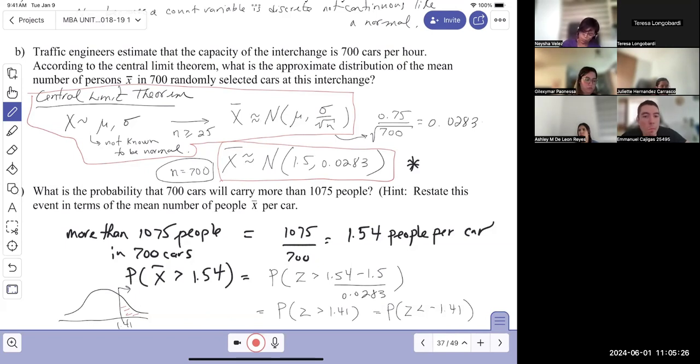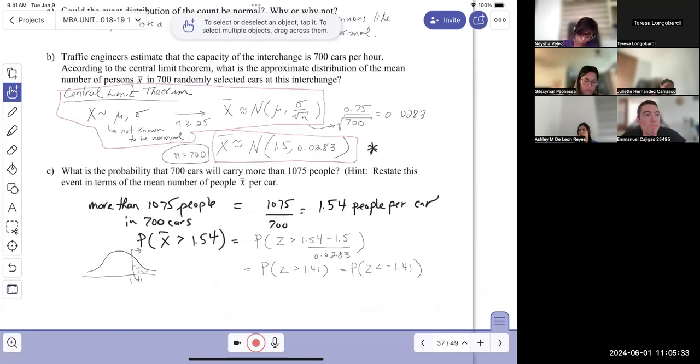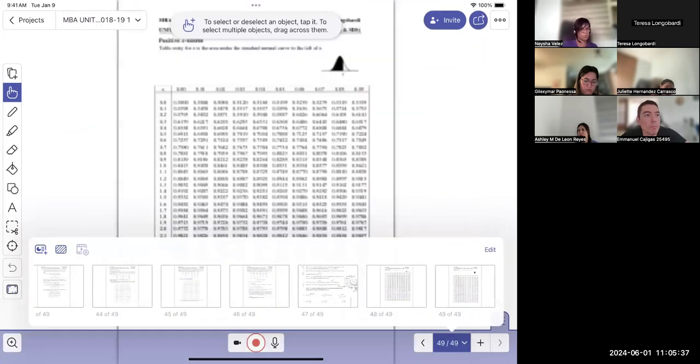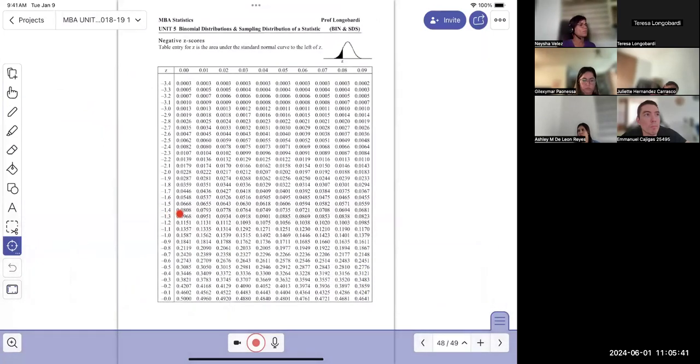The tables always show you to the left. So negative 1.41 is 0.0793. Very good, Damaris.